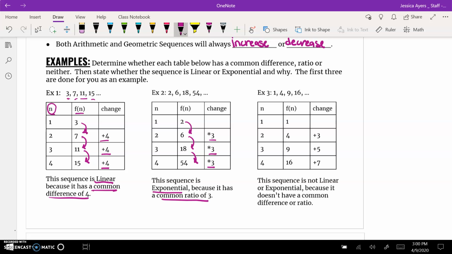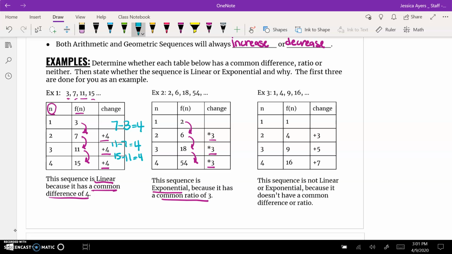Remember that if you have trouble seeing what the common difference or ratio is, like for number 1, you can always do, well, what is 7 minus 3? And that is 4. And what is 11 minus 7? Well, that is 4. And 15 minus 11 is 4. In example 2, you see that 6 minus 2 is 4, but 18 minus 6 is not 4.